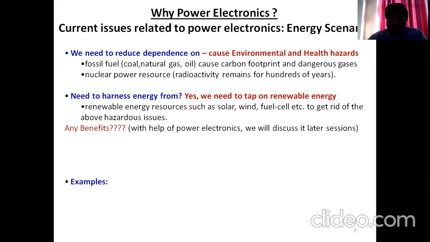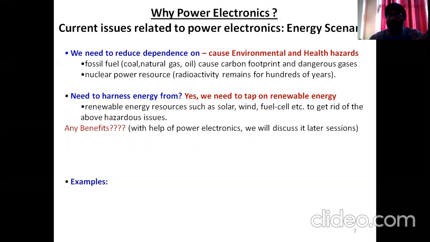Nowadays people are using solar energy, wind energy, fuel cell energy, ocean energy, and so on. These are renewable energy resources, and we need to utilize them. Why? To get rid of all the hazardous issues caused by the fossil fuels.